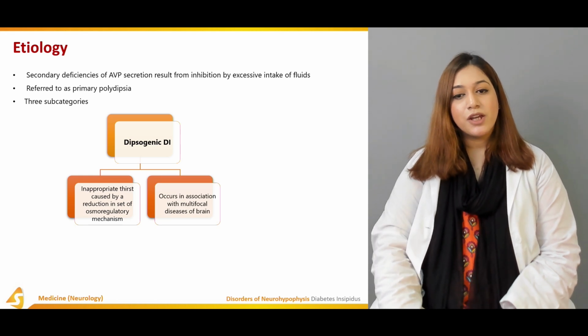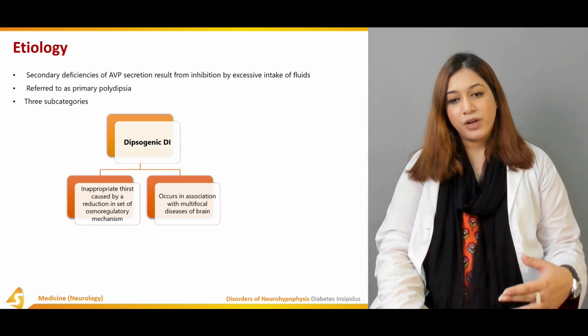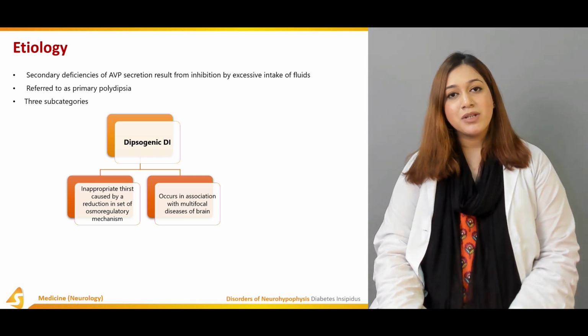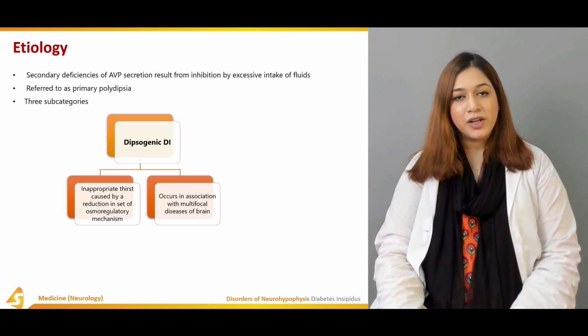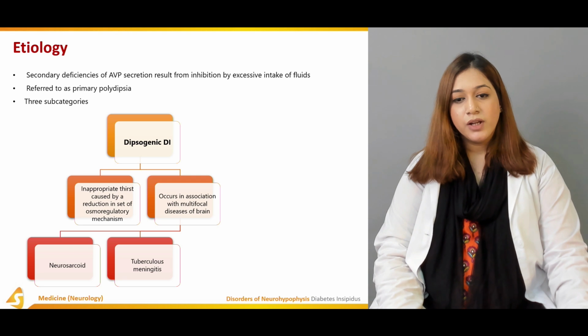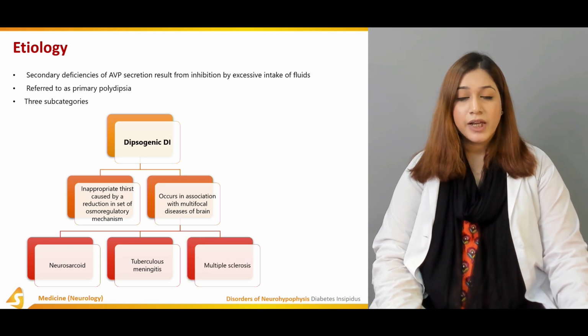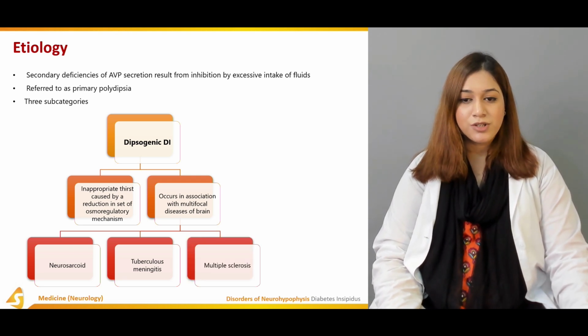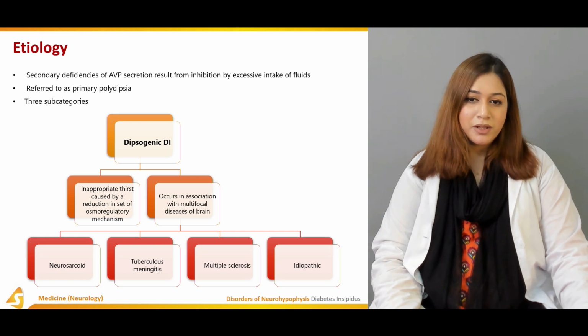It occurs in association with multifocal diseases of the brain. The osmoregulatory mechanism is defective because of certain diseases, and these include neurosarcoid, tuberculous meningitis, multiple sclerosis, or it can be idiopathic.